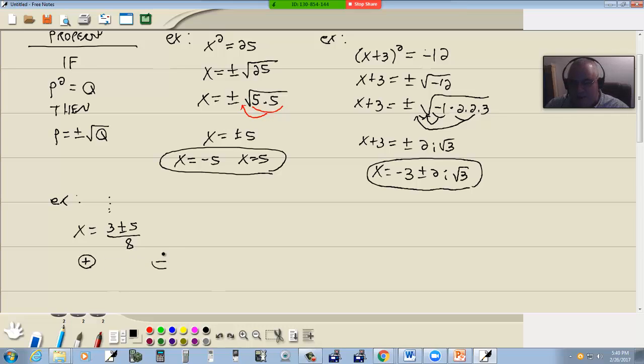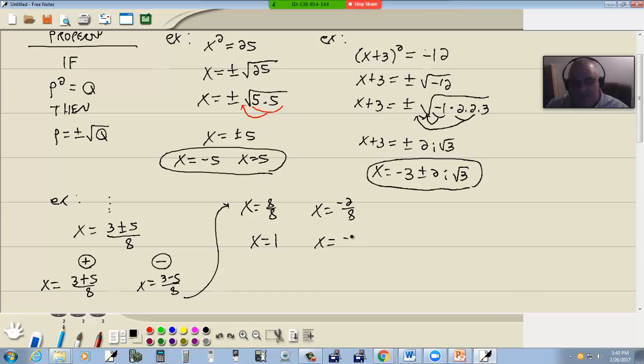What that plus or minus means is we're going to have x is equal to 3 plus 5 over 8, and we'll have x is equal to 3 minus 5 over 8. 3 plus 5 is 8, so we'll have 8 over 8. And 3 minus 5 is negative 2, so we'll have negative 2 over 8. 8 divided by 8 is 1, and negative 2/8 reduces to negative 1/4. So in that case, we want to split the answer up.